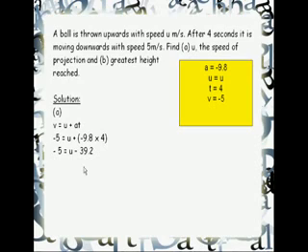You work that out, you get minus 5 equals U minus 39.2. You bring the 39.2 across the other side, and you get U equals 34.2 meters per second. Okay, so we've got the initial velocity, as the velocity the ball is projected upwards, as 34.2 meters per second.